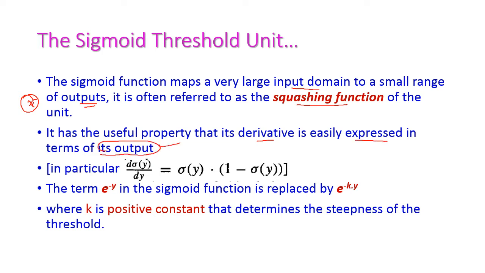That is, differentiation of sigma of y divided by differentiation of y is equal to sigma of y into 1 minus sigma y. Here e power minus y in the sigmoid function is replaced by e power minus k into y. Here k is some positive constant value that is used to determine the steepness of the threshold.